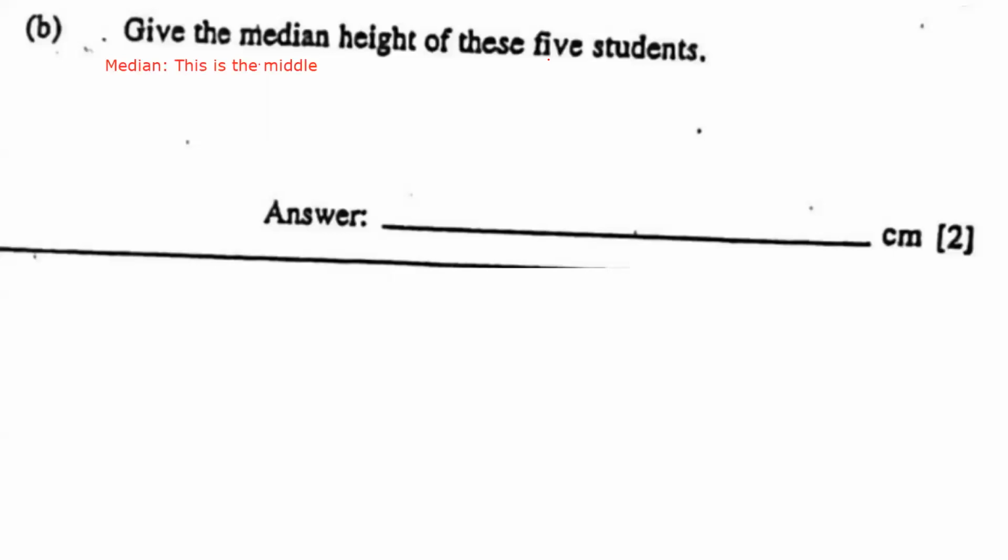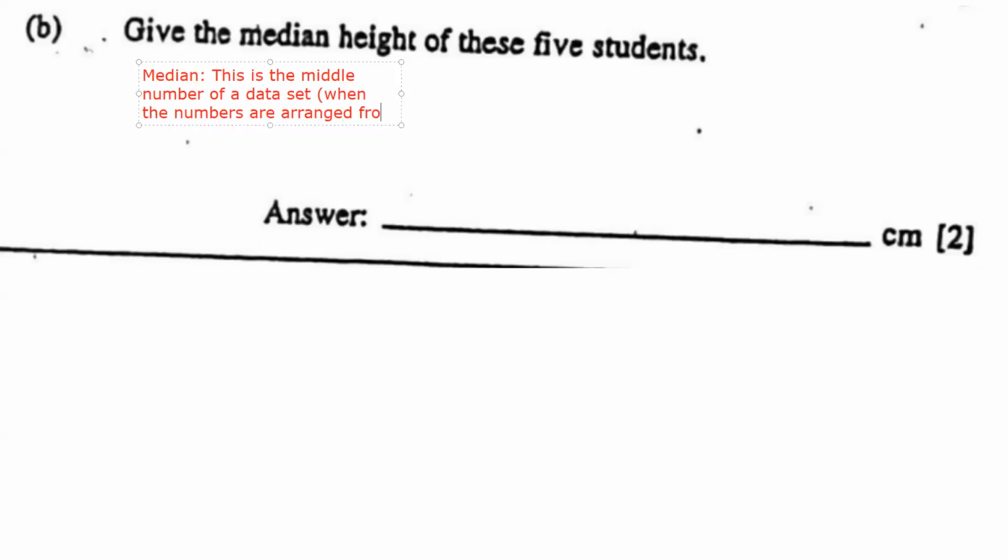The median is the middle number of a data set when the numbers are arranged from least to greatest. So the first thing you have to do is arrange the numbers from least to greatest.